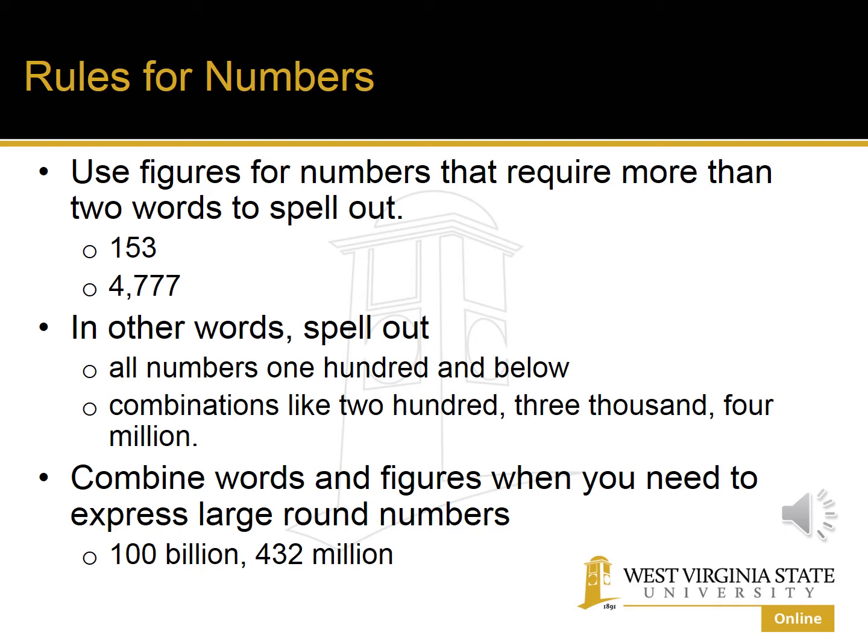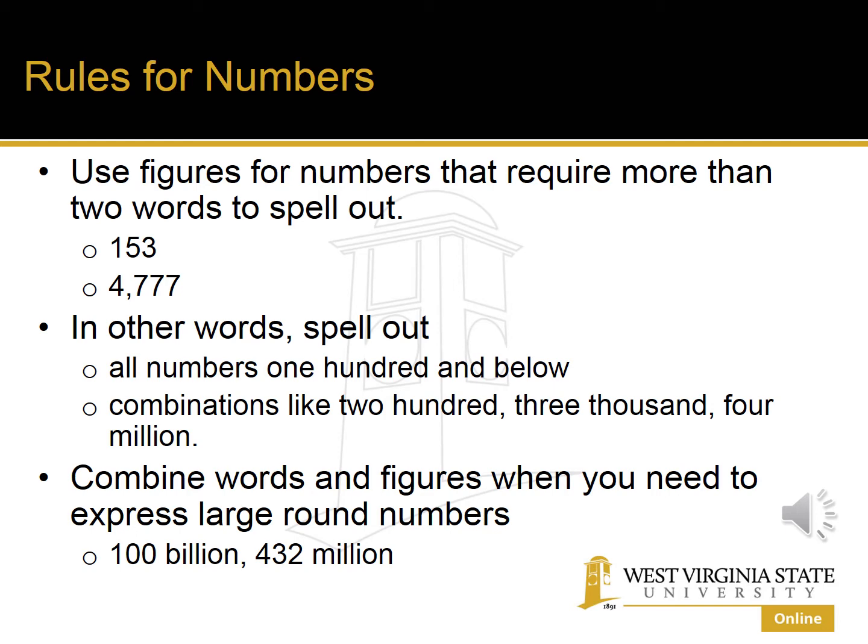We should use figures for numbers that require more than 2 words to spell out. For example, 153 would require 3 words, therefore we should write it out using a figure, or 4,777.